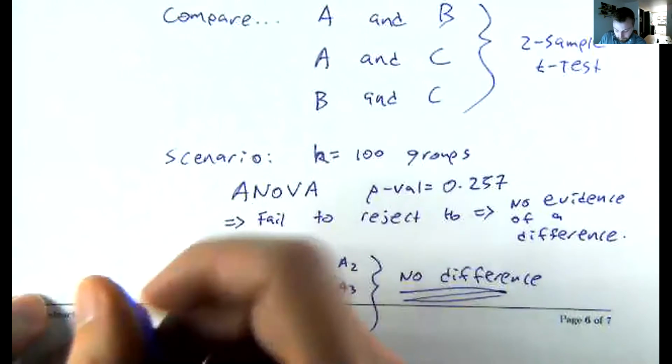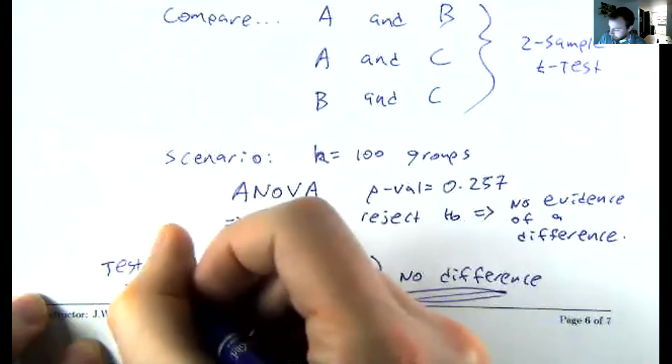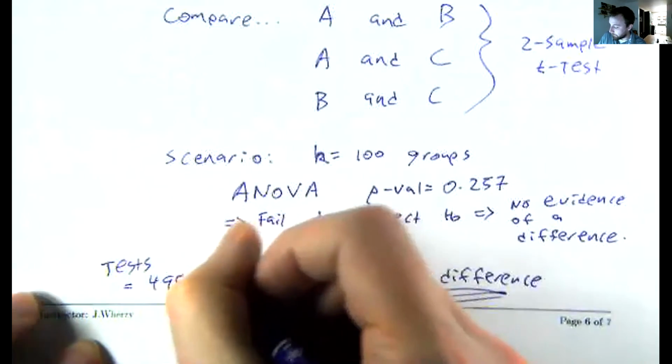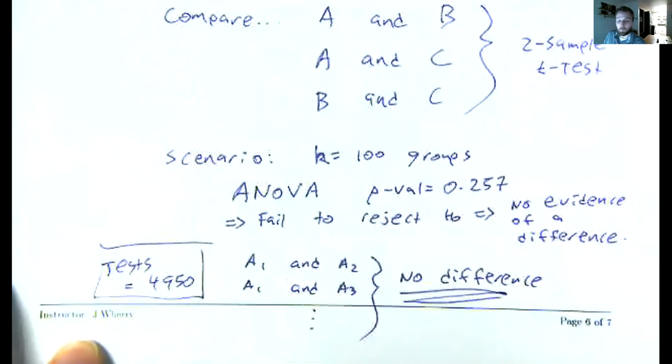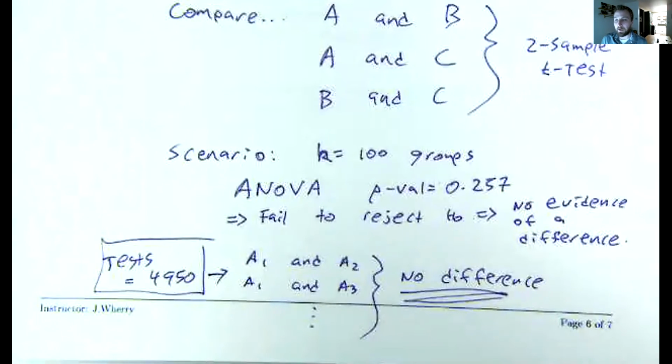Well, in this particular situation, the number of tests that I would be looking at is 4,950. So by doing Anova, one test, I can determine if I can skip out on doing 4,950 follow-up tests.